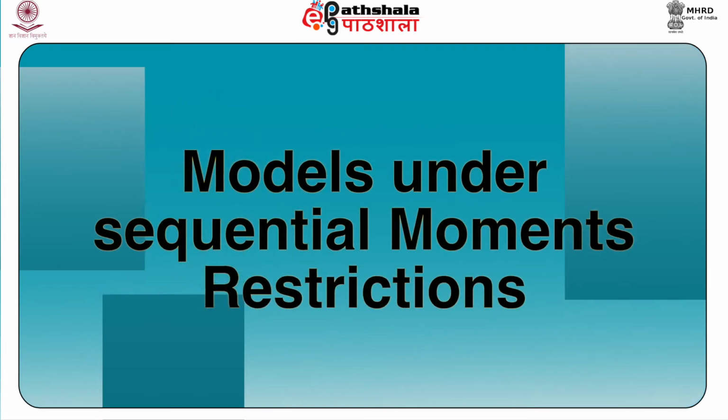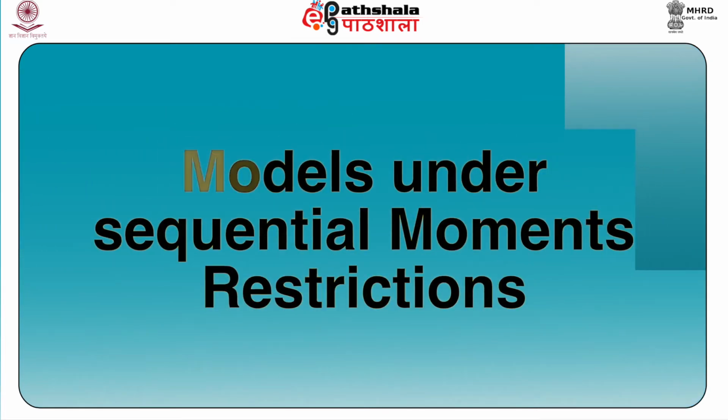First, we would introduce models under sequential moment restrictions. The assumption of strict exogeneity rules out certain kinds of feedback from Y_it to future values of X_it. Generally, random effects, fixed effects, and first differencing are inconsistent if an explanatory variable in some period is correlated with U_it.